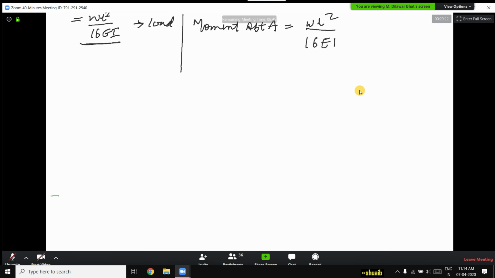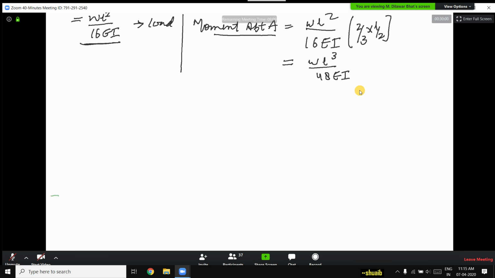And if you have to calculate your moment about A, it will be simply 2 by 3 of L by 2. Therefore, that will be equal to WL cube by 48 EI. This will be your moment about A.